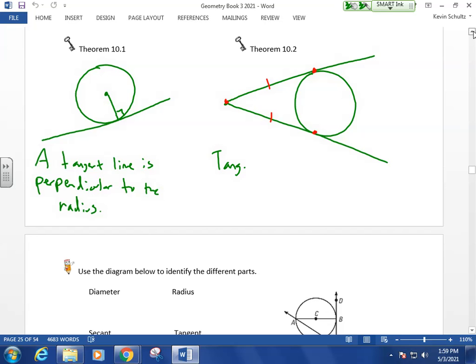I should say tangent segments because lines can't be congruent. Tangent segments that intersect at the same point are congruent.